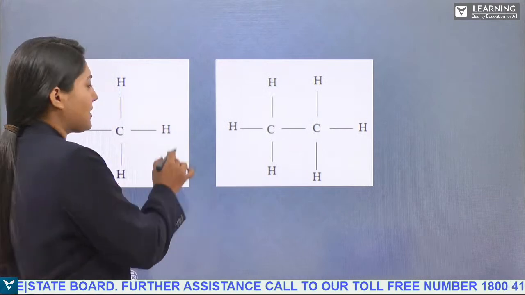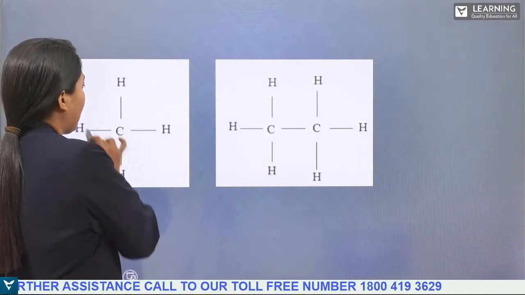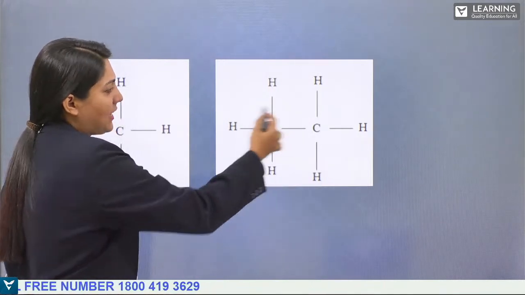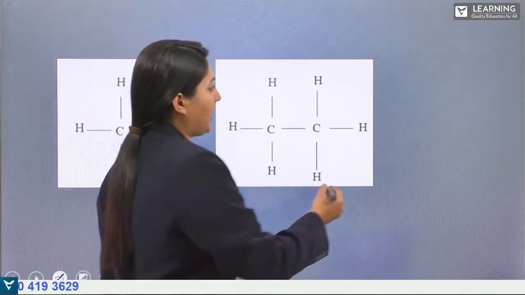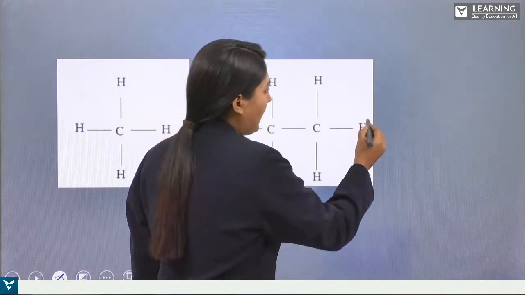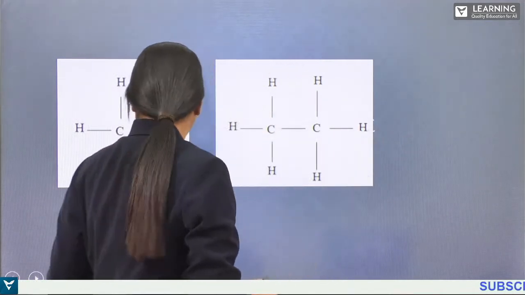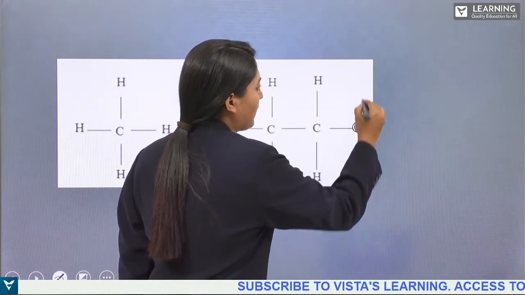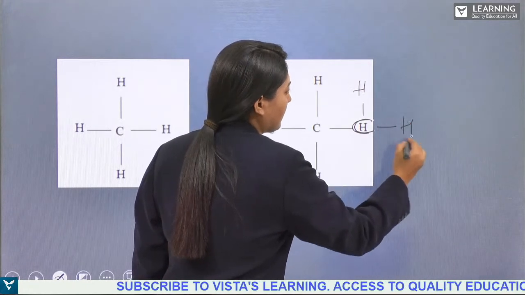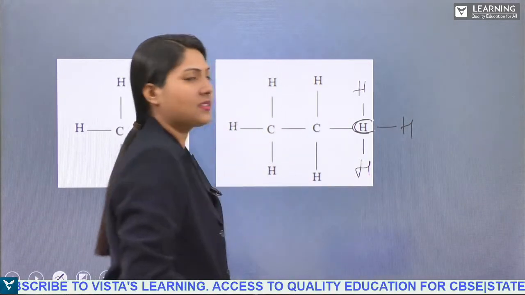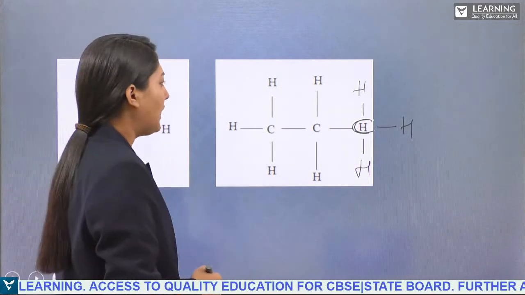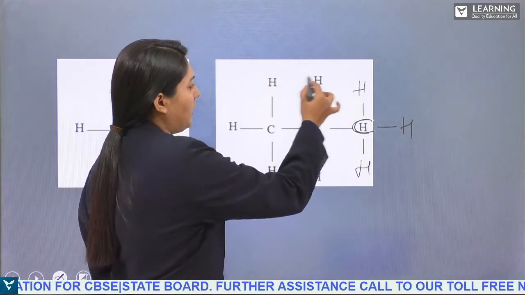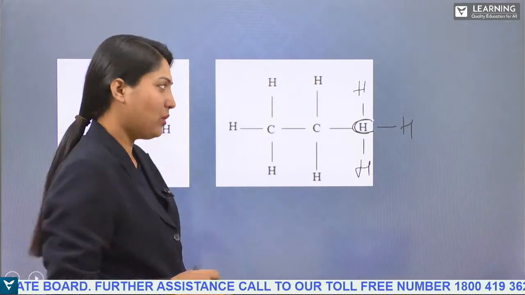So you can see here, this is the methane group where C and 4 hydrogens are there. This is the ethane where C and 6 hydrogens are provided. Whereas if I take this hydrogen and replace it with a methyl group, then I will get the next member of alkane, that is propane, with how many hydrogen atoms? 8 hydrogen atoms.